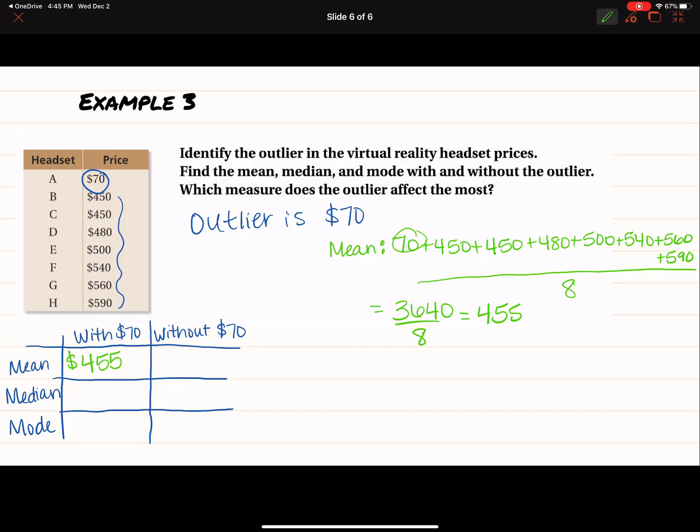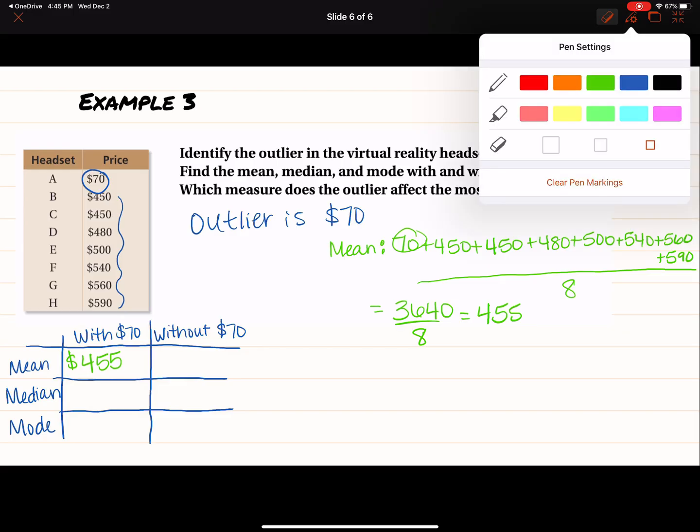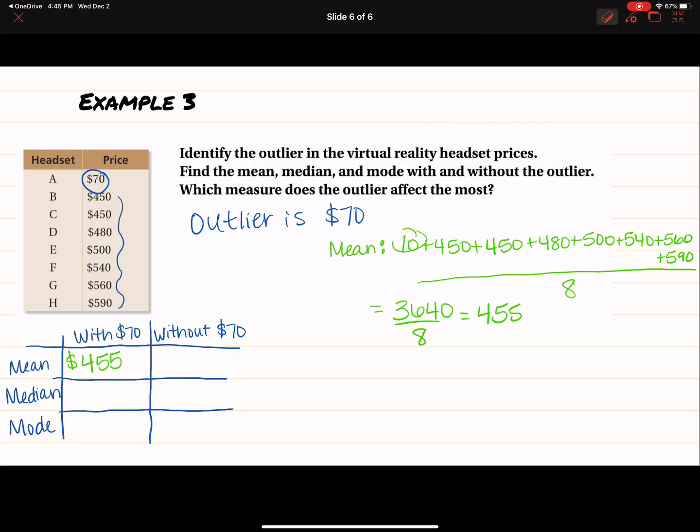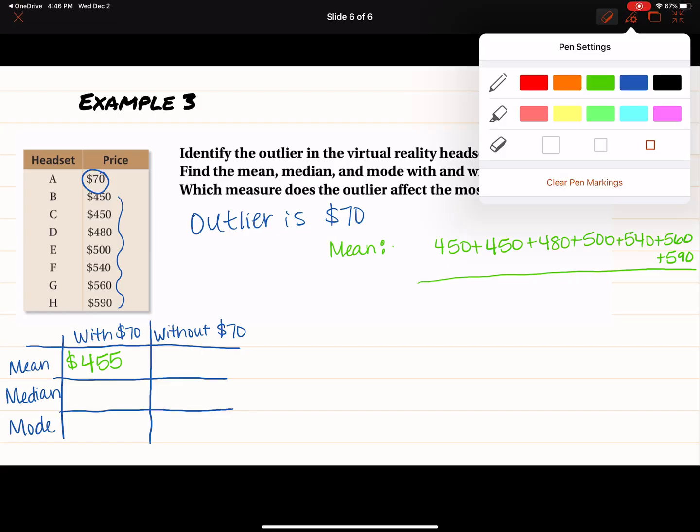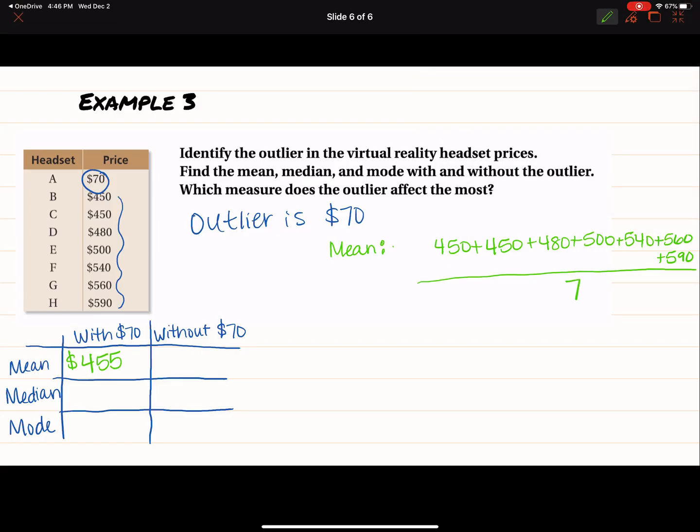Okay, my mean without my outlier, I'm just going to erase some stuff here. All I'm going to do is take out this 70. And I'm going to do the same thing. So I'm going to add all these together, divide by how many there are. Well, there's 8, but I'm taking 1 out. So now there's 7.